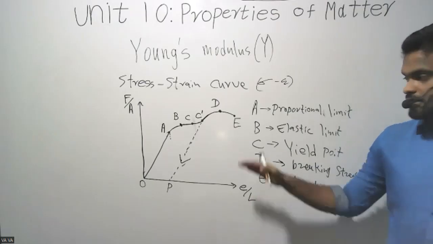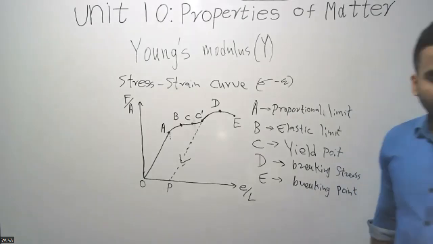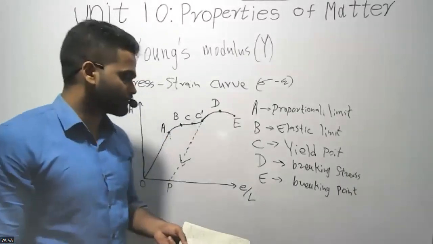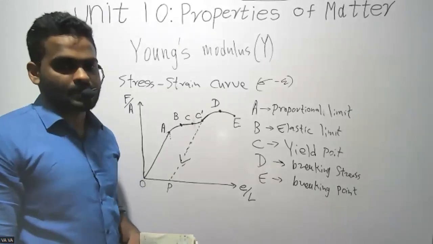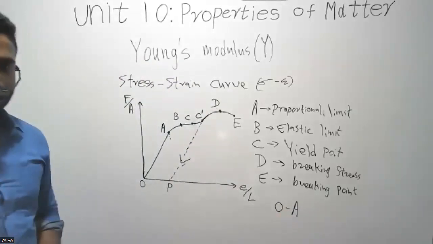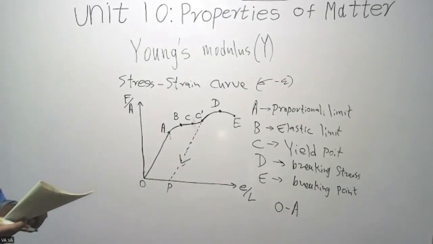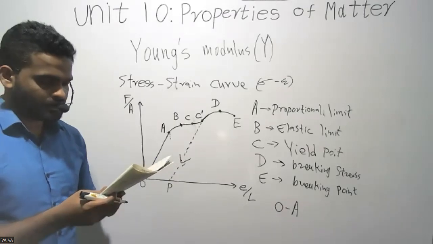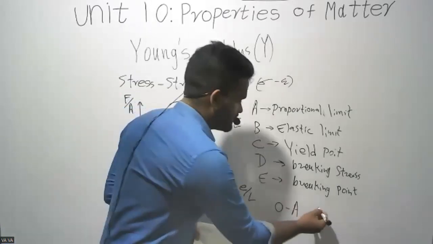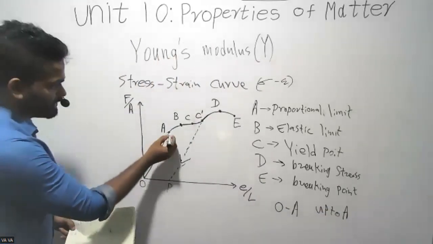Right. Then below this, write down: since the graph is linear from O to A, up to capital A, up to here.